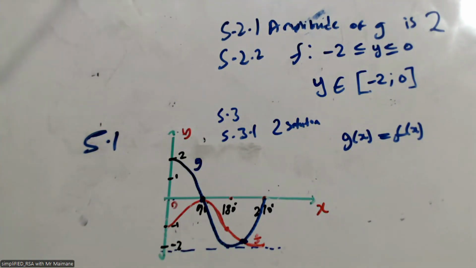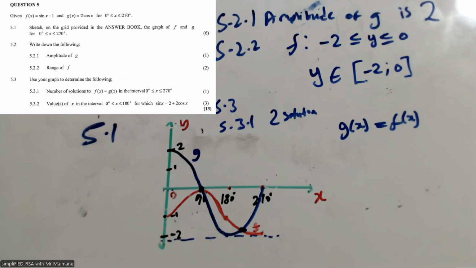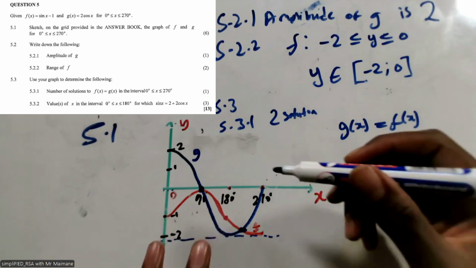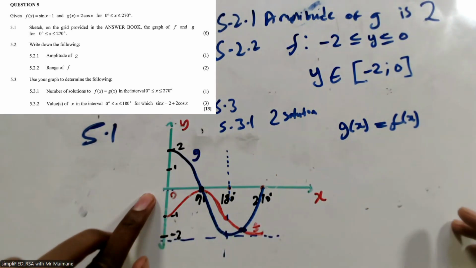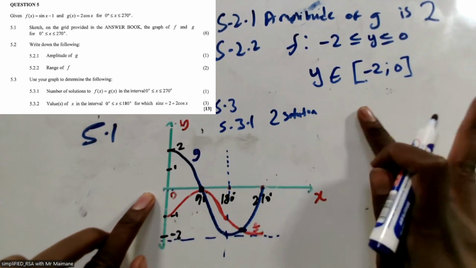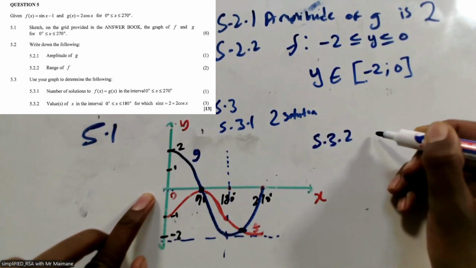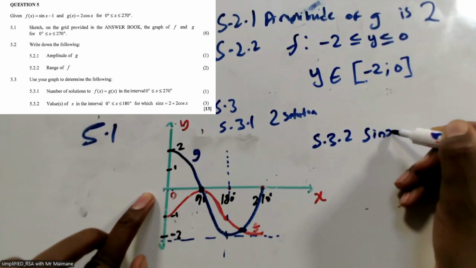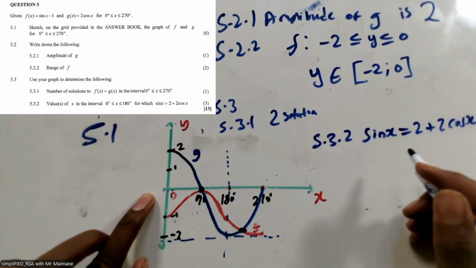And the next question, 5.3.2, we are required to find the values of x in the interval where x is between 0 and 180 degrees. So we're looking at x between 0 and 180 degrees, from 0 up to here, given that sine x equals 2 plus 2 cos x.